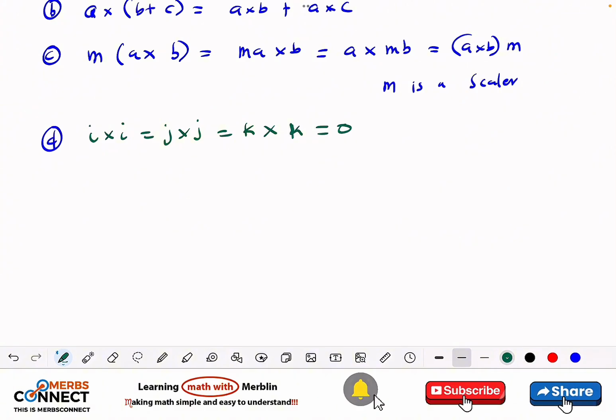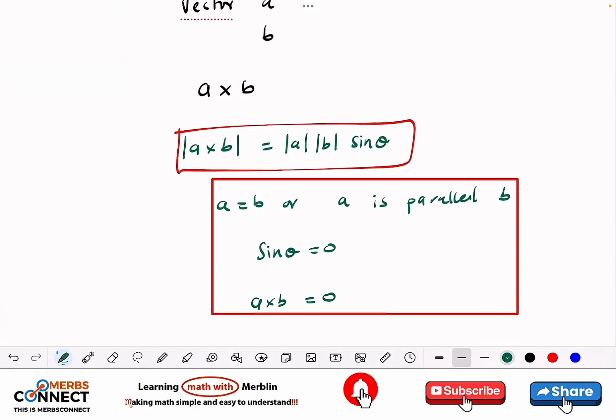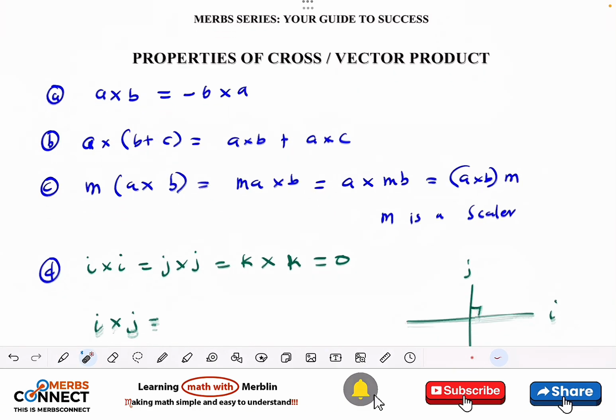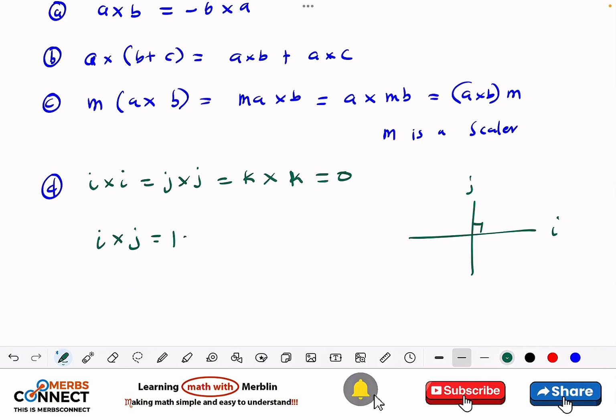Now let's look at I cross J. We are moving to a different direction, so there is an angle of 90, right? Because if I have I here and J here, the angle between them is 90. So let's use the formula that we just learned and see what we are going to get. This is going to be the magnitude of I, the magnitude of J, sine 90.